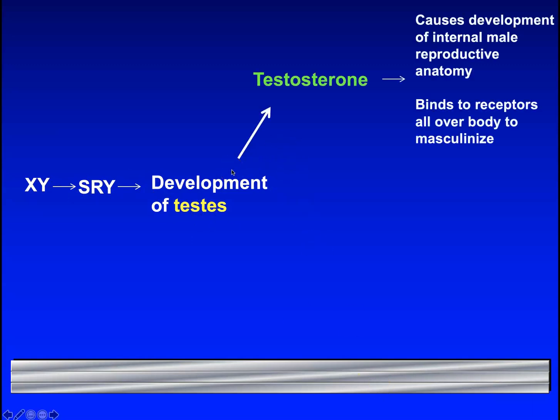Testes make 3 hormones. Testosterone. What testosterone does, it binds all over the body. It's going to change your muscles and your GI tract and your brain, and it causes development of the internal male reproductive anatomy. So if you have seminal vesicles and epididymis and prostate gland, internal anatomy, testosterone does that.